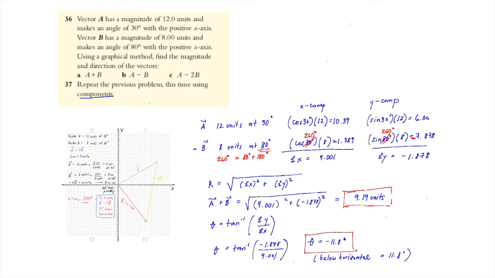Now let's move on to our next concept, which is represented by a minus 2b. And what will be changed in our solution? So again, that would still be an anti-parallel for the b.